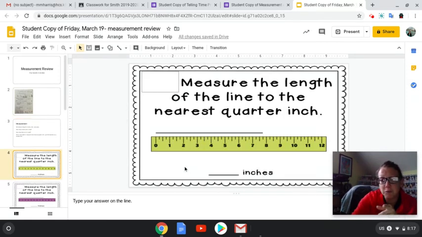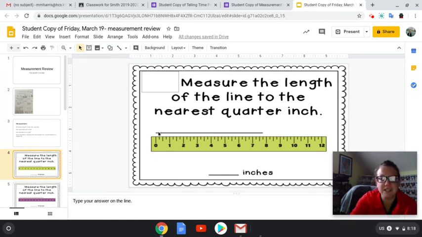Remember, when you look at a ruler, what's important? To see where it starts and where it ends. So this one starts at 0. I can see that there are 1, 2, 3, 4 equal parts between each whole. The first thing we need to do is look at how many whole inches our object is.